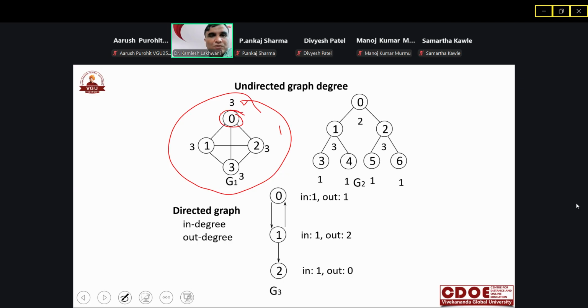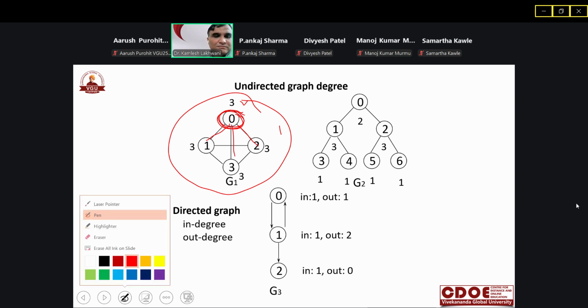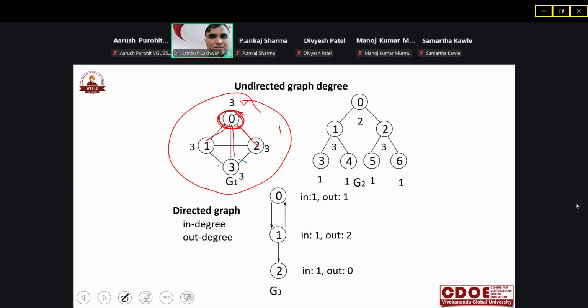Because 0 has 3 edges: 0 to 3, 0 to 2, and 0 to 1. So the degree of vertex 0 is 3. Similarly, the degree of vertex 3 is also 3 because it's connected from 3 to 2, 3 to 0 and 3 to 1.